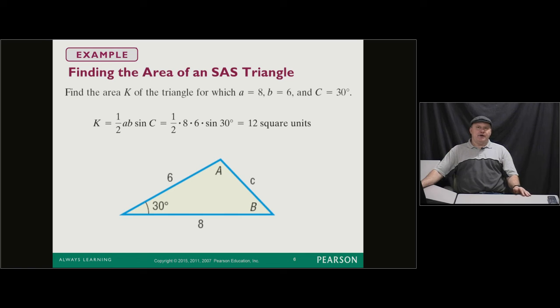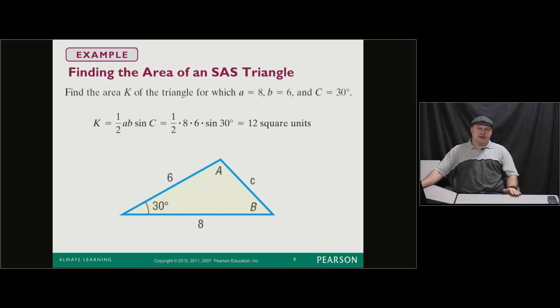Now, you're like, well, what if you don't have a side angle side here? Let's say you have the angle C over there, but you don't know that b is 6. Well, you would have to play around with the law of sines or the law of cosines until you get b to be found. Once you find b, then you have a side angle side.